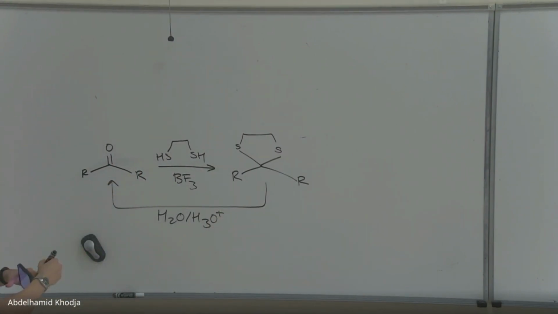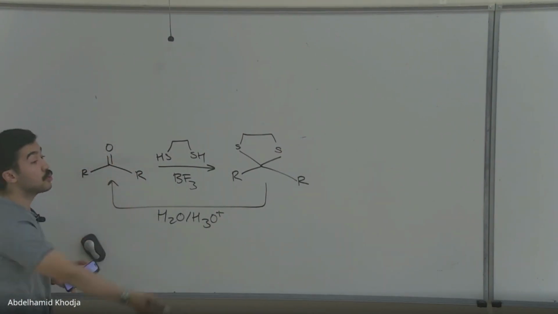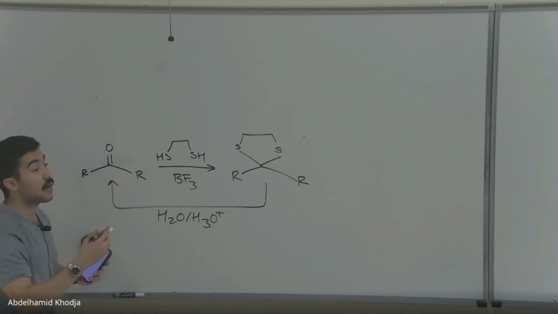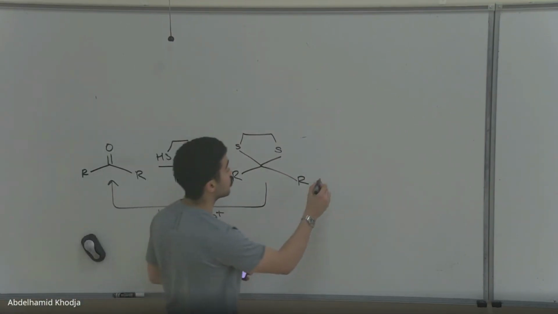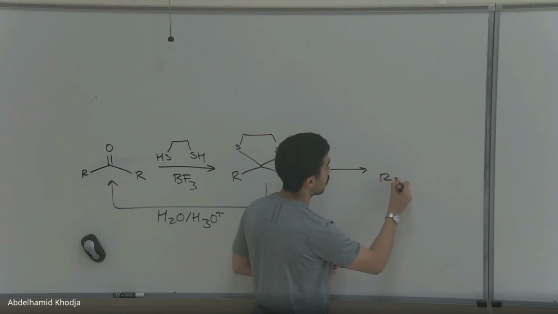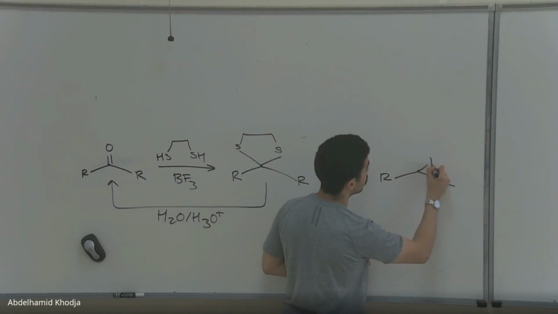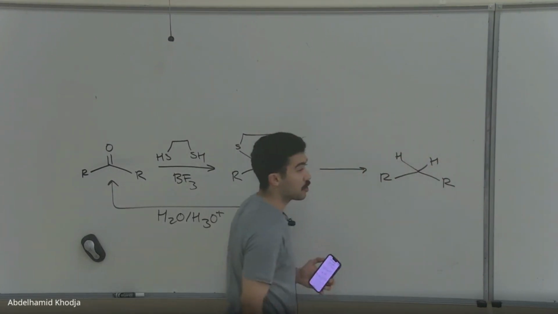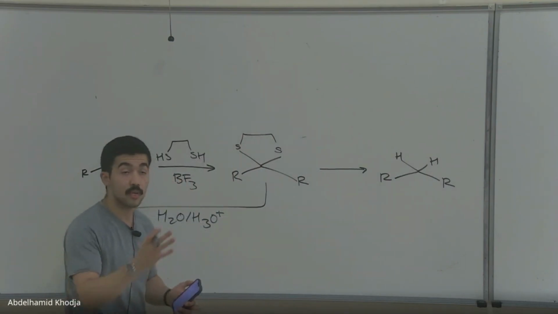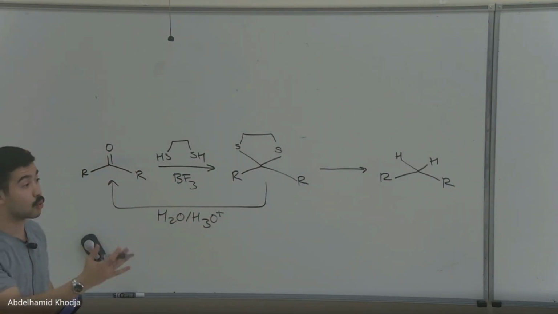Great. But what if I wanted to completely reduce this ketone? Meaning I wanted to replace it with hydrogens. So hydrogens. How would I do it? There's so many ways that you've looked at in this chapter or in the whole course.